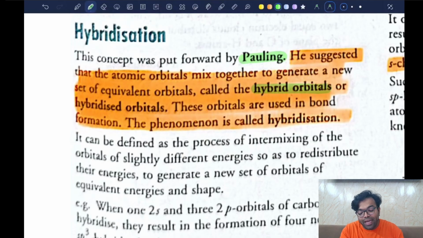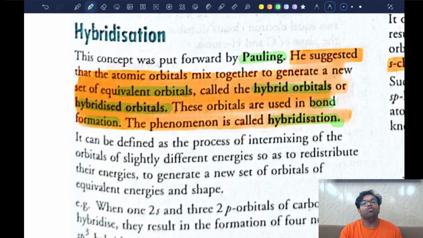So he suggested that atomic orbitals mix together to generate a new set of equivalent orbitals, or orbitals with the same energy levels and the same structure, called hybrid orbitals or hybridized orbitals. These orbitals are used in bond formation. This phenomenon is known as hybridization.